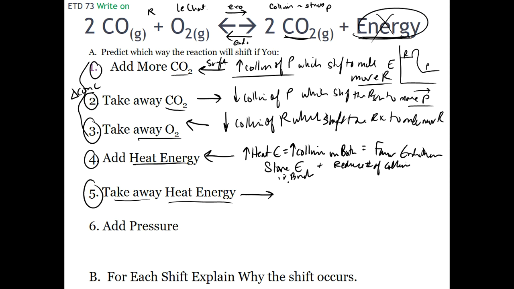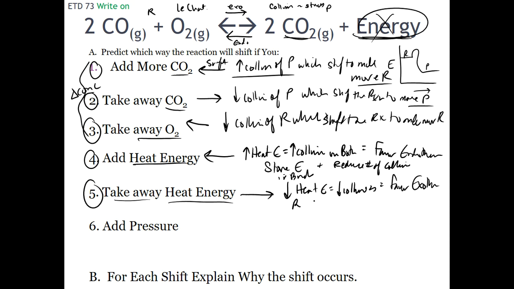But basically what I did here was I decreased the amount of heat energy. And if it's moving slower, then it's going to collide less. It's going to decrease the number of collisions. And that will always favor the exothermic reaction. You can see that I took the heat away and it shifts towards the forward, which is the downhill battle. Now, why it does that is a crucial thing.